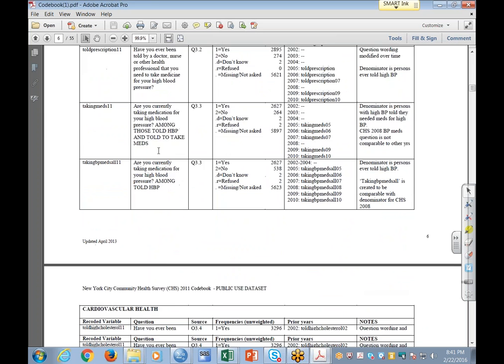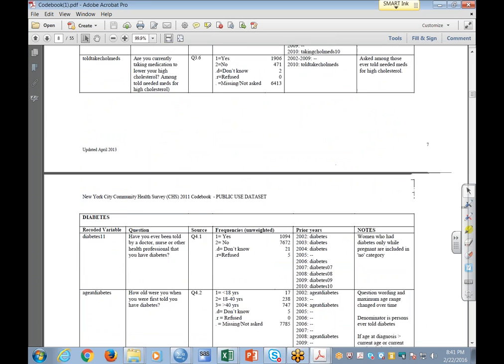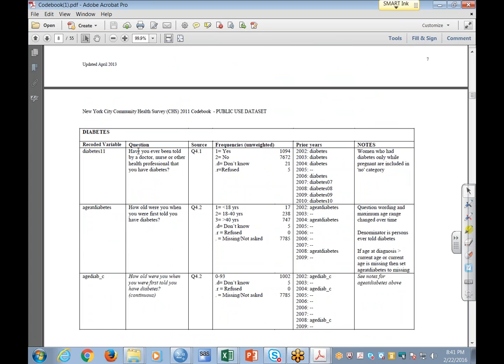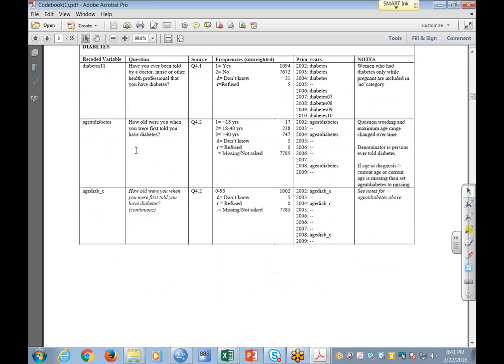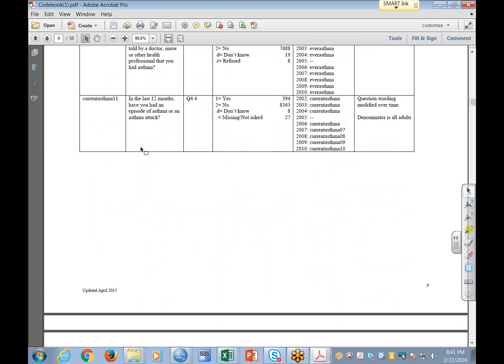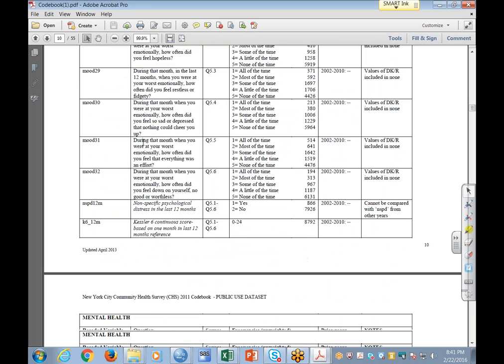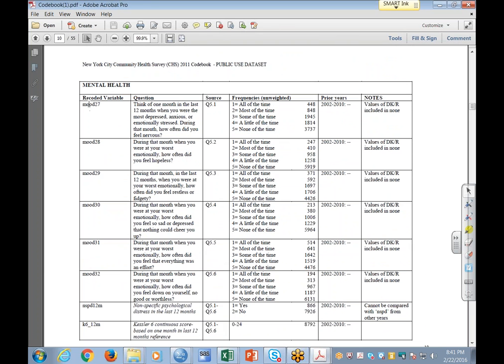There's going to be all sorts of stuff in here in terms of asking about exercise, asking them whether they've ever been diagnosed with diabetes. Gee, people that have been diagnosed with diabetes, are they more likely to go for a flu shot, or less likely? People that drink a lot of sodas, people that eat a lot of fruits and vegetables, right? These are all people who have different mental health statuses.